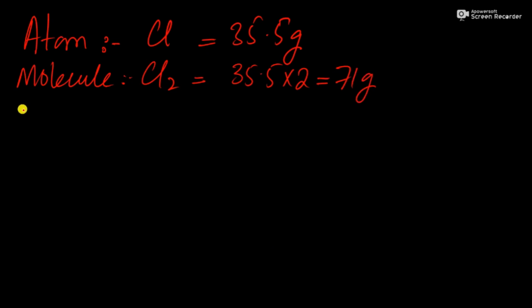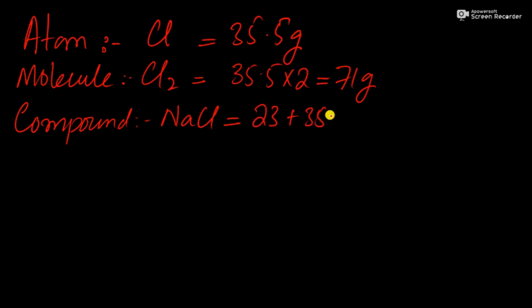Then for a compound, let's take the example of NaCl. 23 for Na and 35.5 for chlorine gives us 58.5 gram of NaCl.